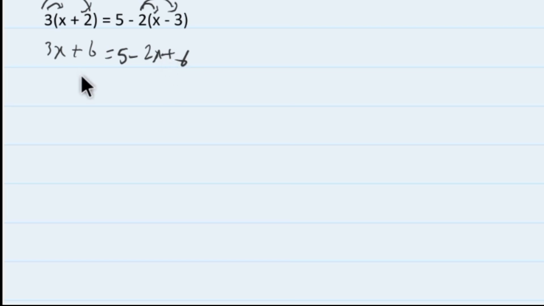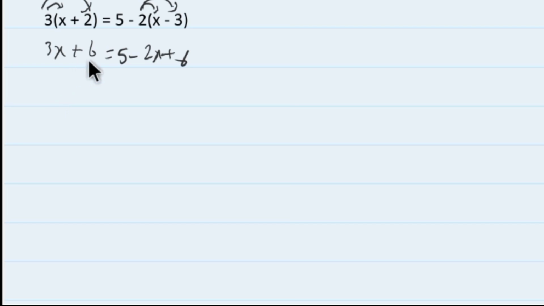So our second step was to simplify fractions by multiplying both sides by LCD, that is least common denominator. Since we do not have any fractions, now we move to the third step. The third step says regroup the like terms on each side of the equation.